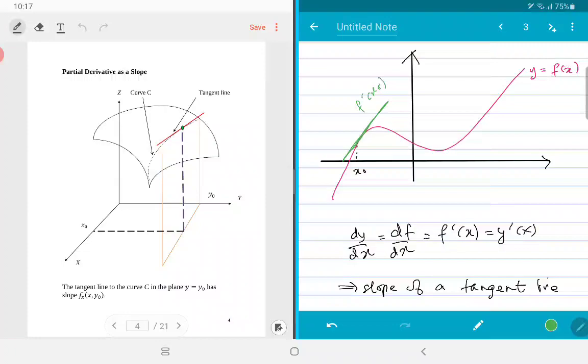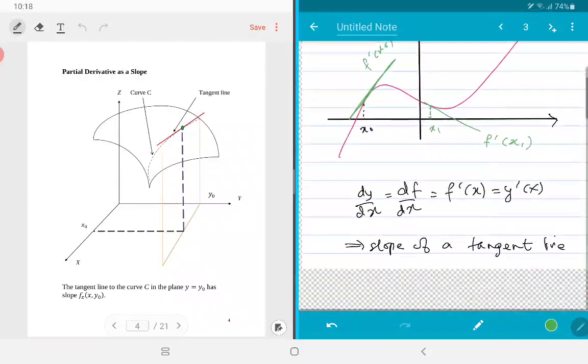Now if you're here, let's say this is x1, then the slope of a tangent line on that curve at point x1 would be different from at point x naught.